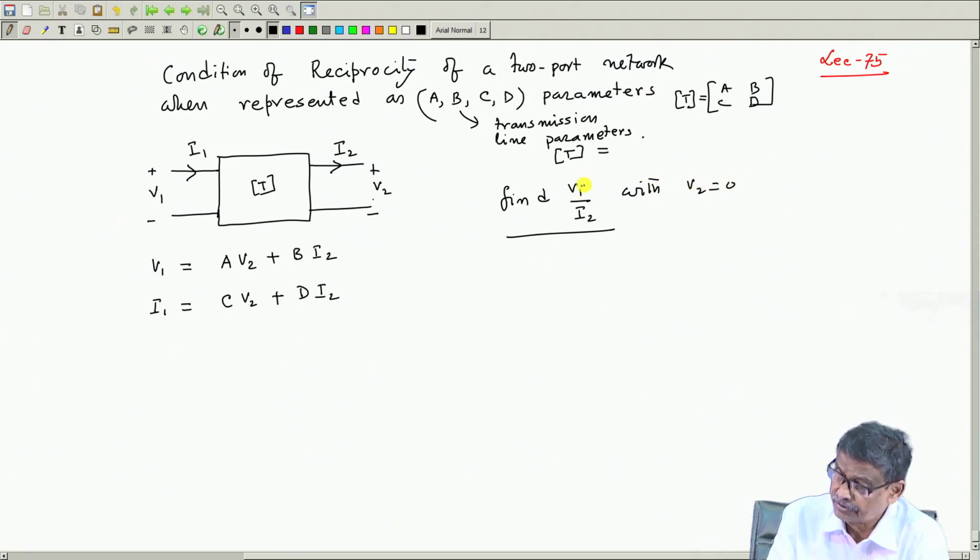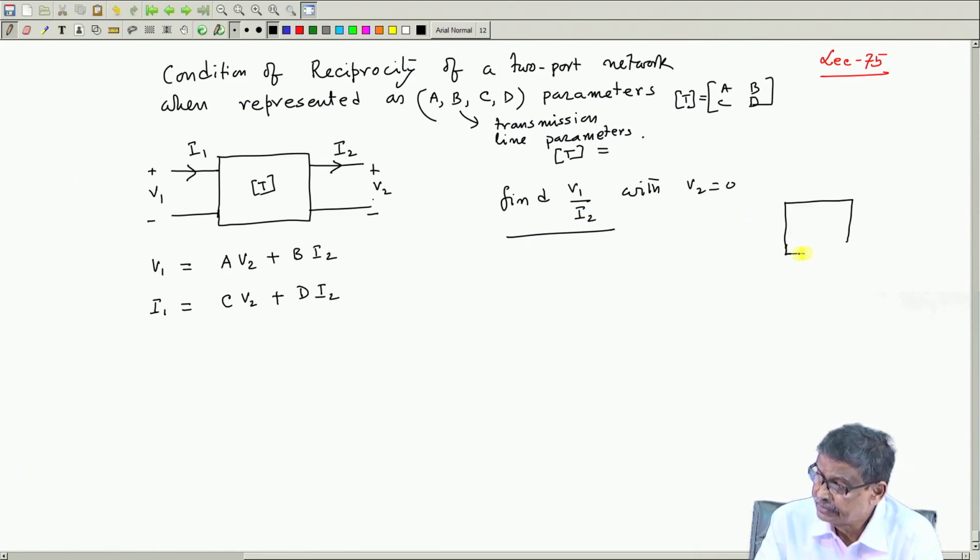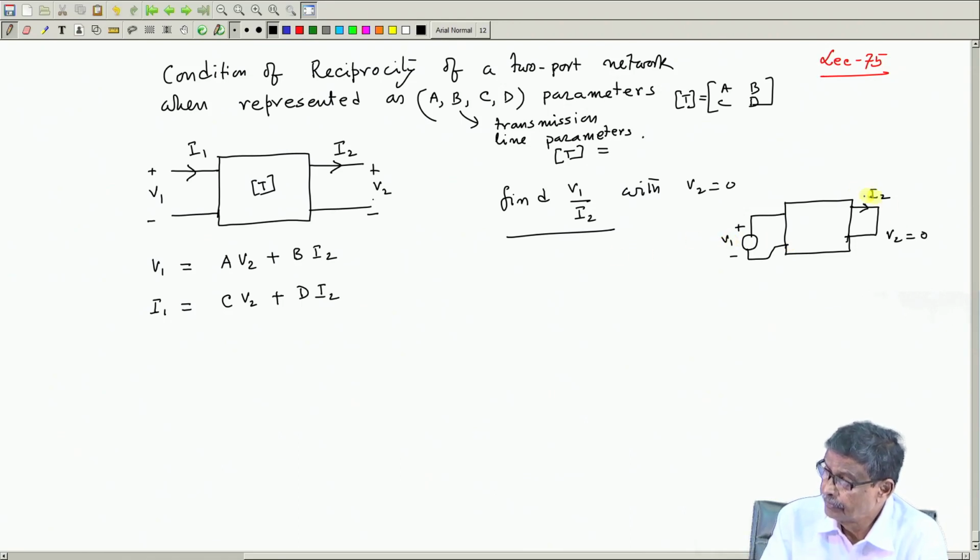From which circuit is this to be found out? That was the general circuit, but V2 must be made 0. So, I will short circuit it, V2 is 0, I2 is in this direction, and you have applied a voltage V1 here. From this network I have to find this ratio V1 by I2.